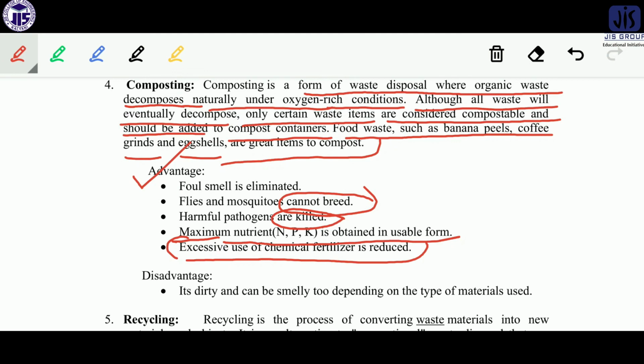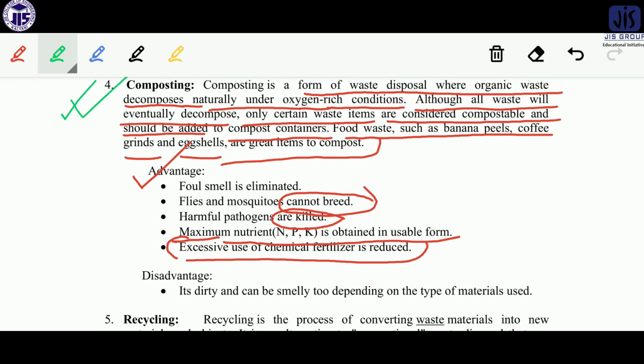There are two sides to this. First, we can decompose or destroy the solid waste materials. On the other hand, by this process we can reduce the utilization of chemical fertilizer. So that's why this is the most important process, and it should be used in major amounts for its high advantage.